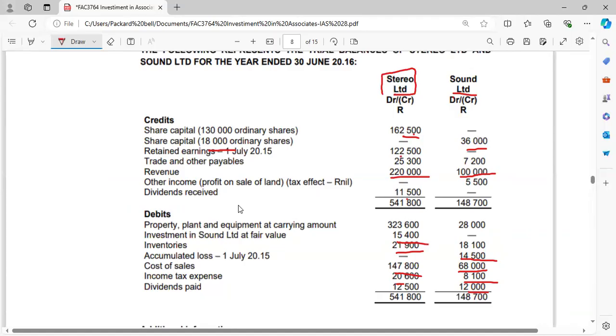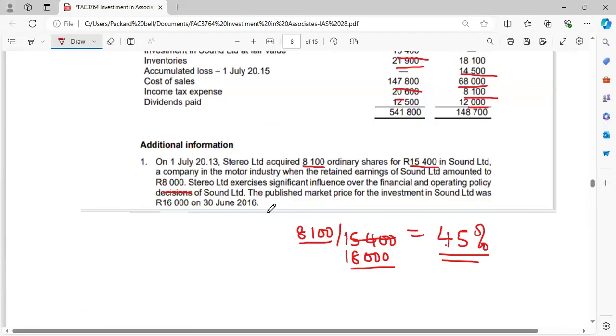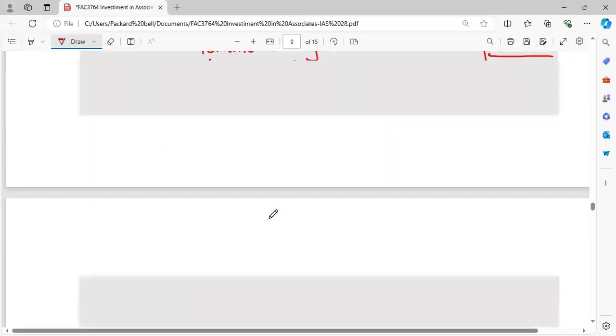And you have current liabilities, trade and other payables. So what is important is only the adjustment that you are going to make under the inventory, and also the carrying amount of the investment in the associate in the statement of financial position.